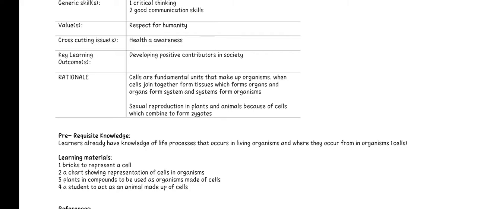Another rationale of this lesson is that in sexual reproduction in plants and animals, there are cells that come into contact to form a zygote, which forms an embryo and later an organism.